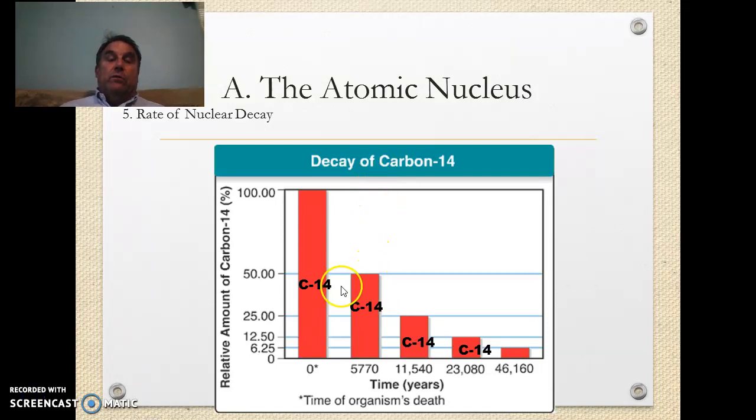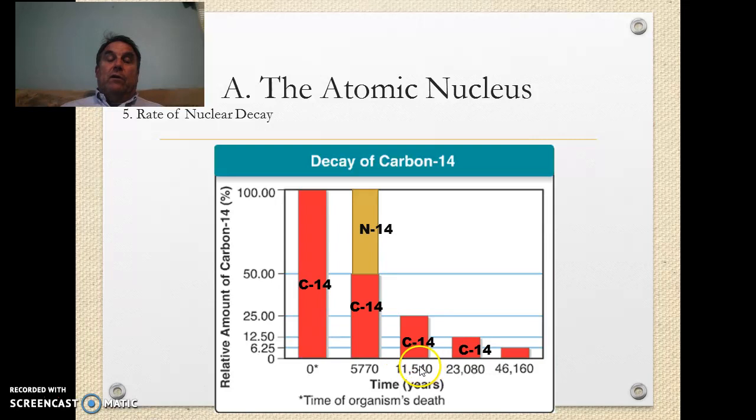So I might ask you, if carbon-14 undergoes beta decay, what would it decay into? Or what would the daughter product be? So we have 50% remaining after one half-life, and the other 50% would be nitrogen-14.